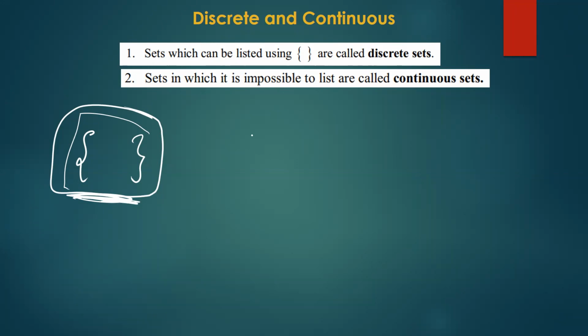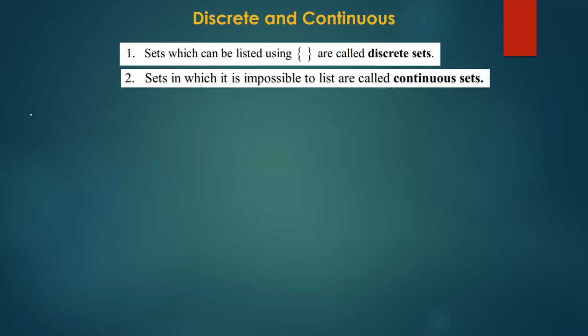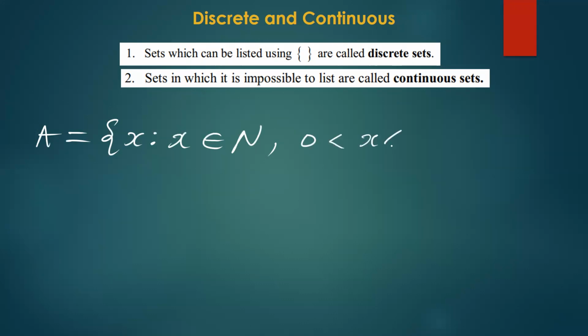For example, set A contains elements 1, 2, 3. You can list this set. Or let me write it in set notation. You can have set A is equal to X such that X is a member of the natural numbers where X is between 0 and 5.